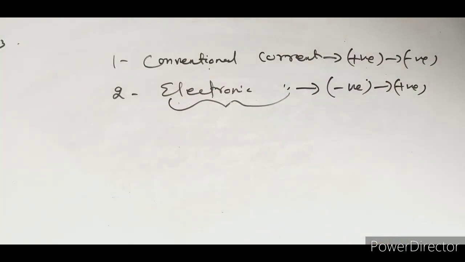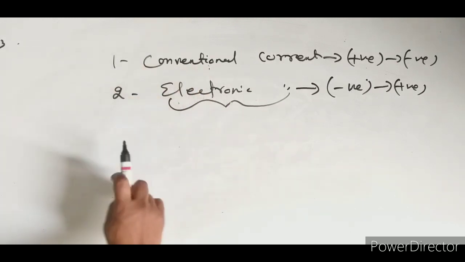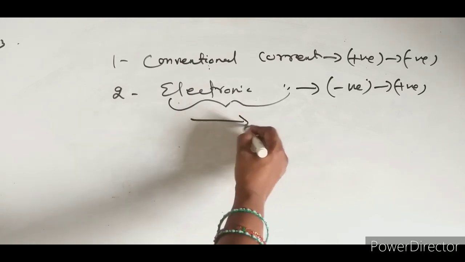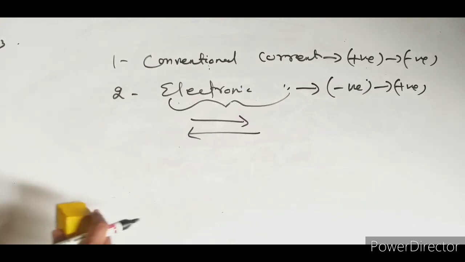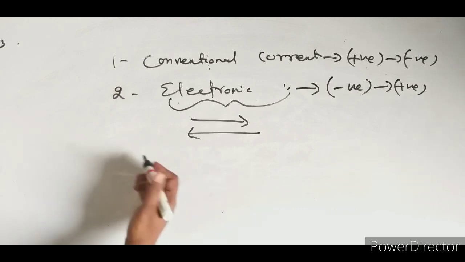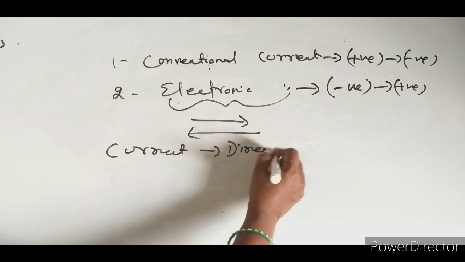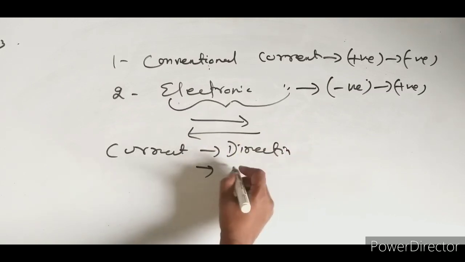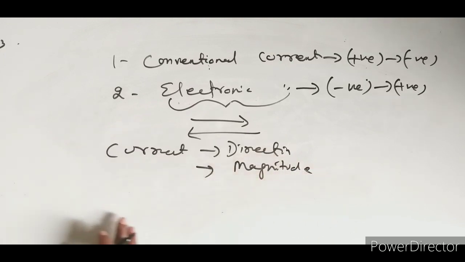So here what we are getting, the flow of current and the flow of electrons are always opposite to each other. Understood this? So here the question arises, current has direction and it has magnitude, but we cannot say current is a vector quantity.